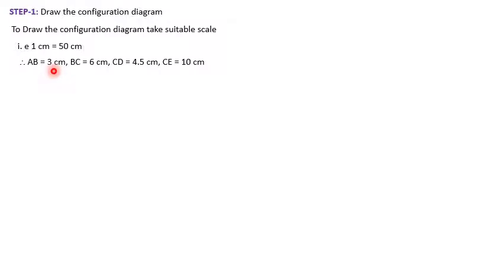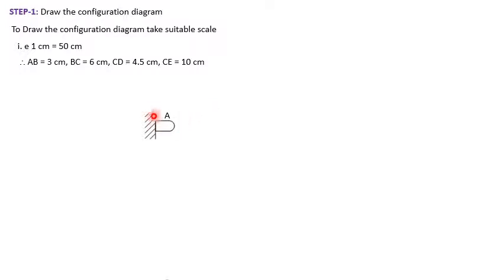In order to draw this configuration, let us start with the fixed points. In the given figure, start from the crank. We have a fixed point A, from which the crank has to start.